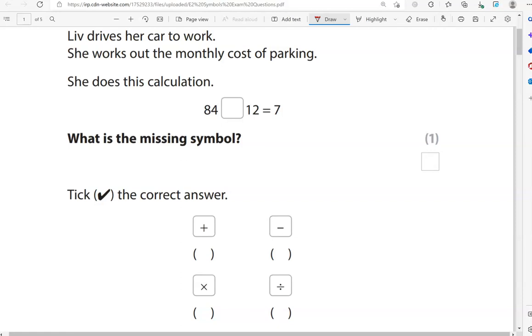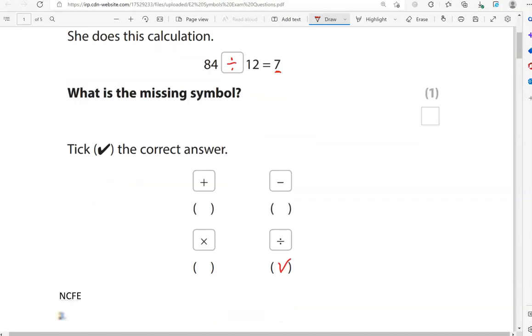It's gone to 7. If we multiply, again the number will get much bigger because you're multiplying by 12. So it must be division. 84 divided by 12 gives us 7. You could try the rest and you'll see that it doesn't work with addition, subtraction or multiplication.